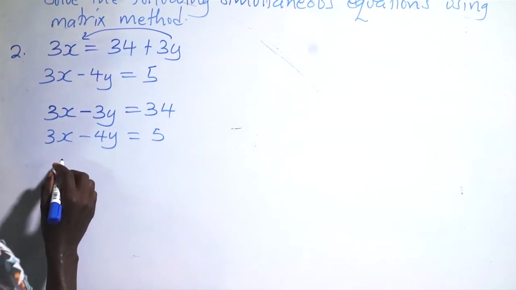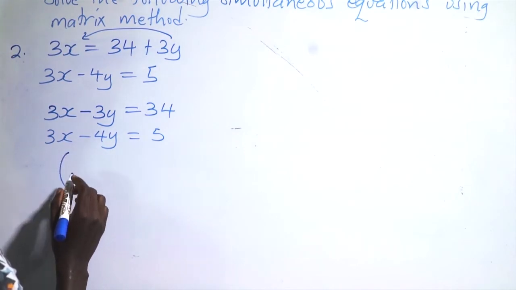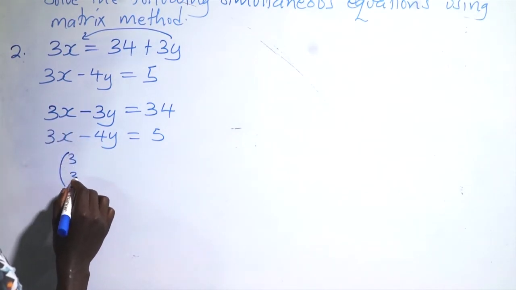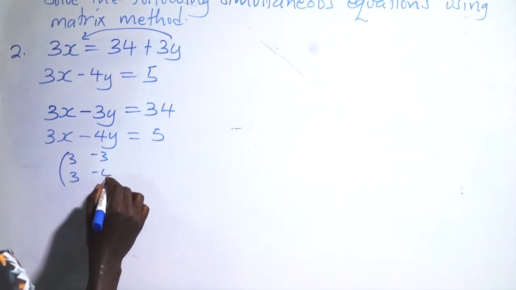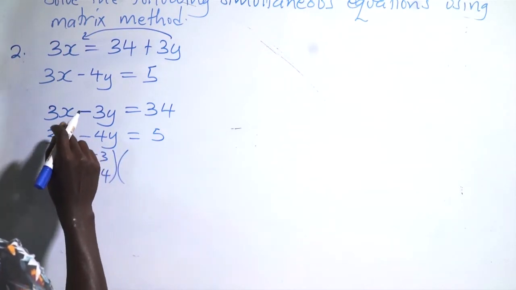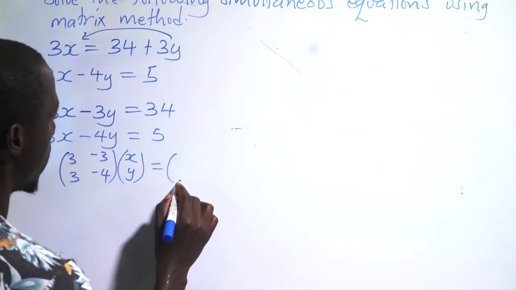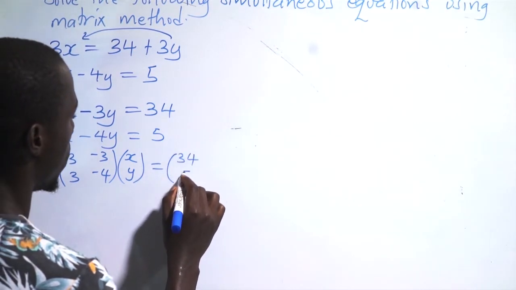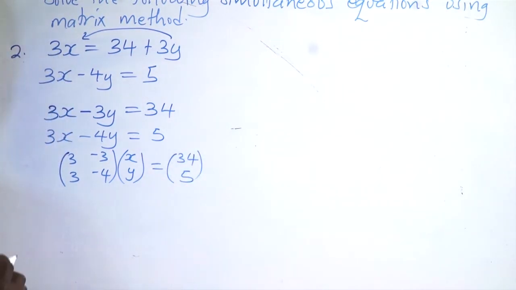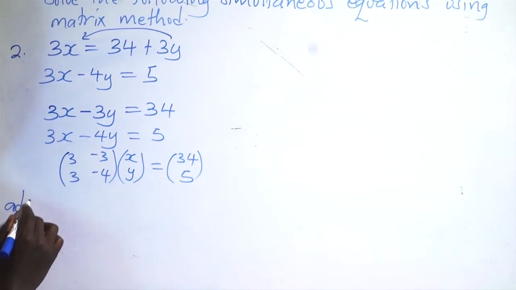Then I form a matrix 3, 3, negative 3, negative 4. Then times the first unknown there is x. Then the second one is y, equivalent to 34, 5. Then I get the adjoint.